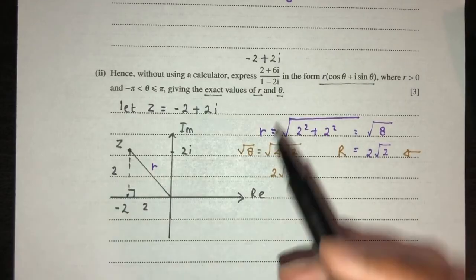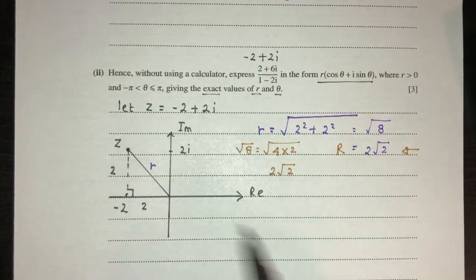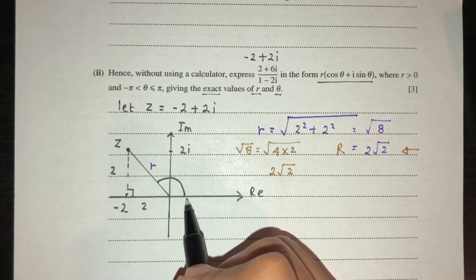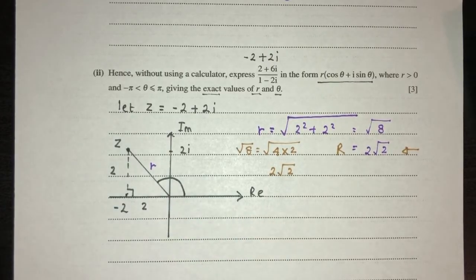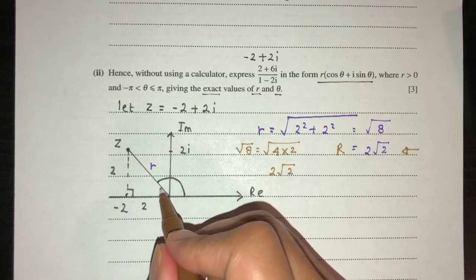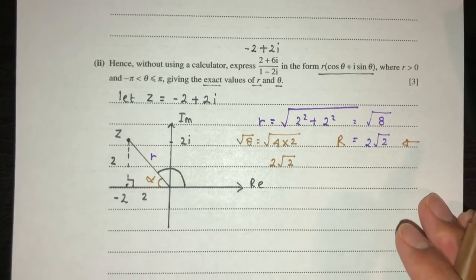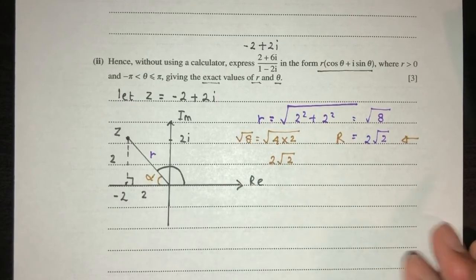Now to find the value of theta, theta will be the argument, so we have to find this angle. But first we can try to find this angle. How would you find this angle? If you observe, we can use SOHCAHTOA.